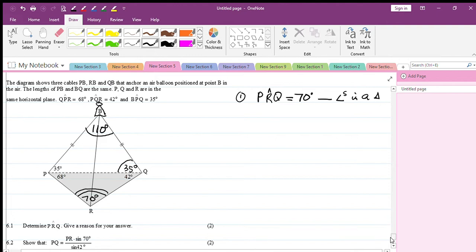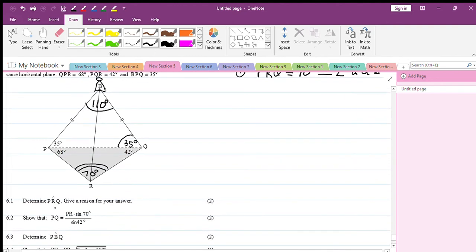Let's look at the second question. The second question is that show that PQ is equal to PR sine 70 over sine 42. Right. So let's look at PQ. Where is PQ? PQ is there. And 70 degrees is there.